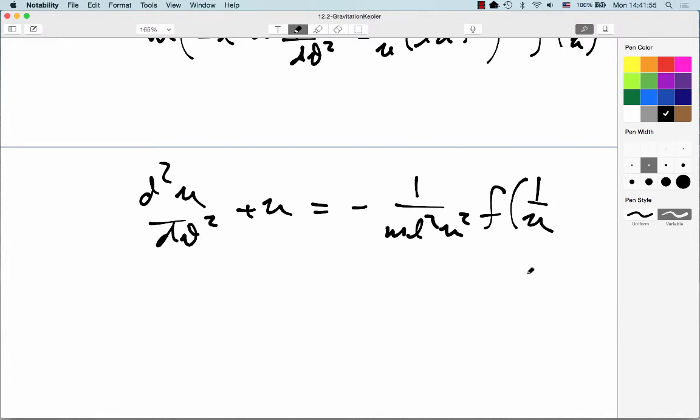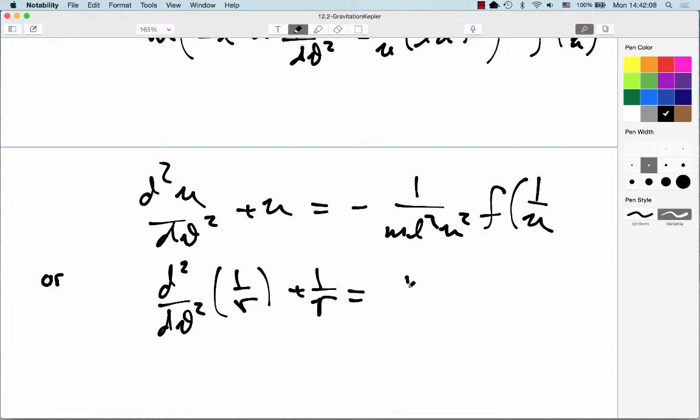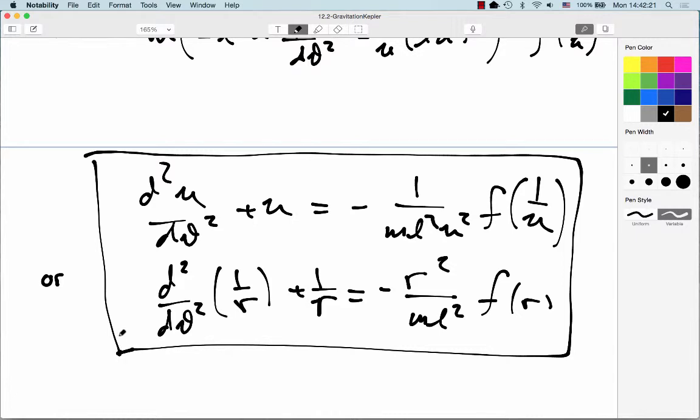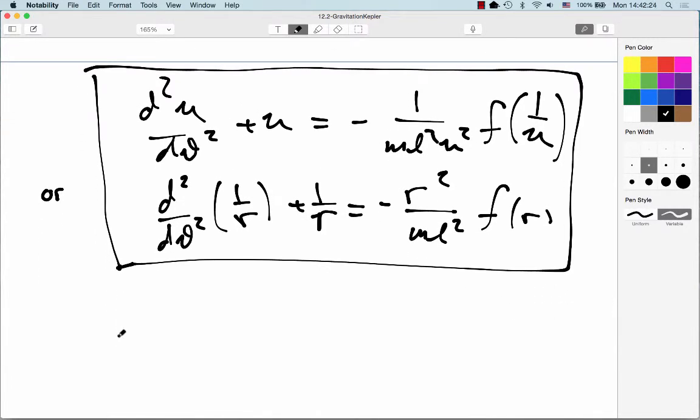If you want to go back to putting it into terms of r, you could also rewrite that as d squared d theta squared of 1 over r plus 1 over r equals minus r squared over m L squared f of r. Either of these expressions, depending what's more convenient for you at the moment, gets called the differential equation of the orbit.